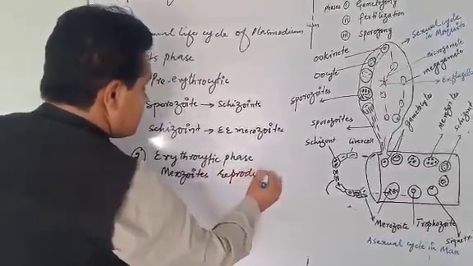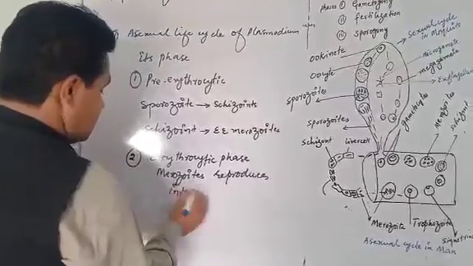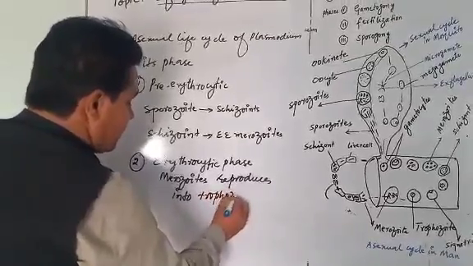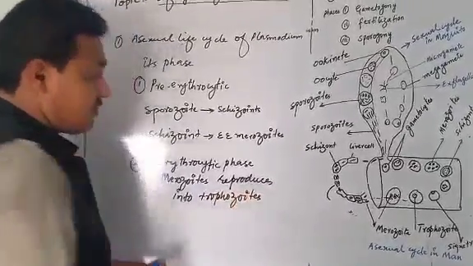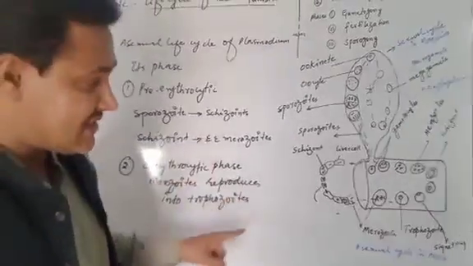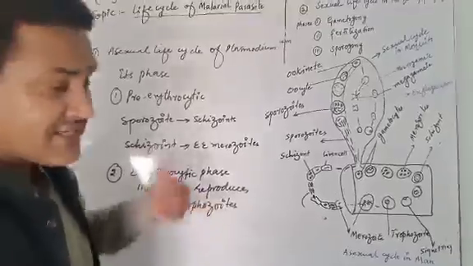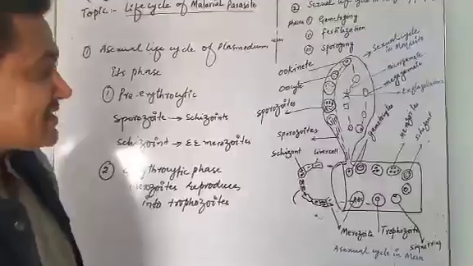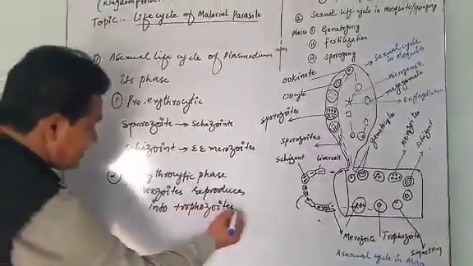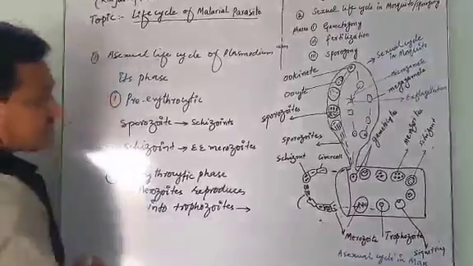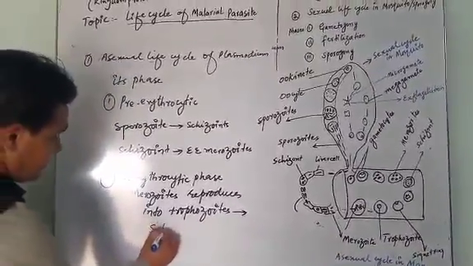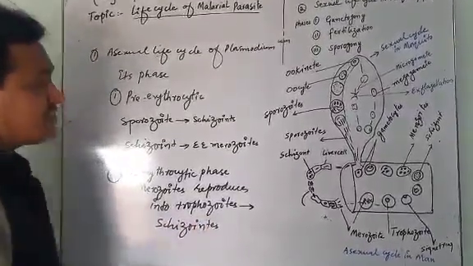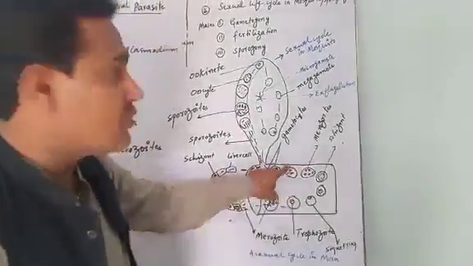Trophozoites have a thickened ring-like structure. It changes into amoeboid stage. So that's why trophozoite is also called amoeboid stage. Then trophozoite changes into schizont. Now these schizonts change into merozoites.